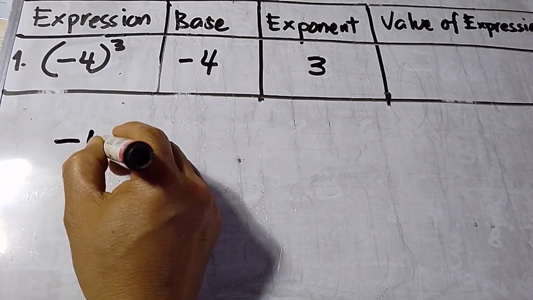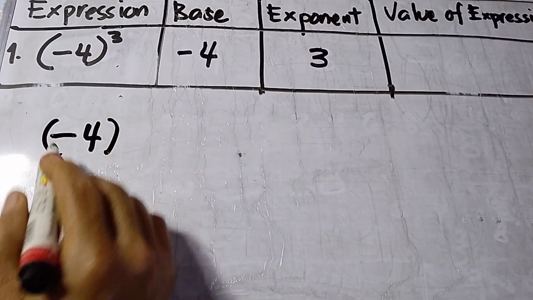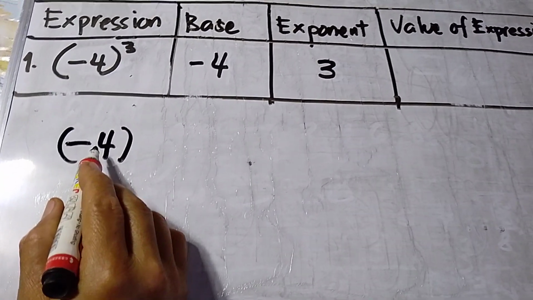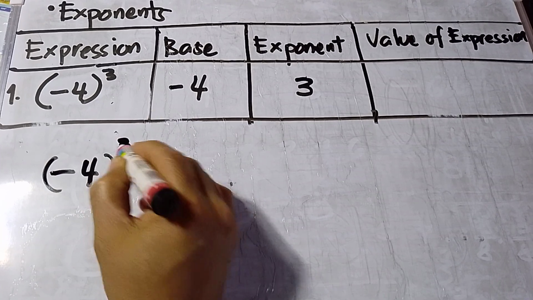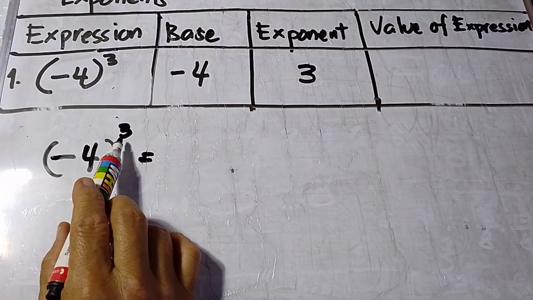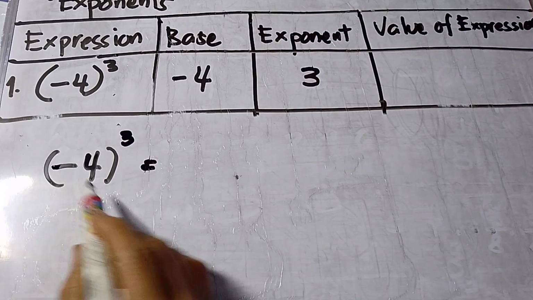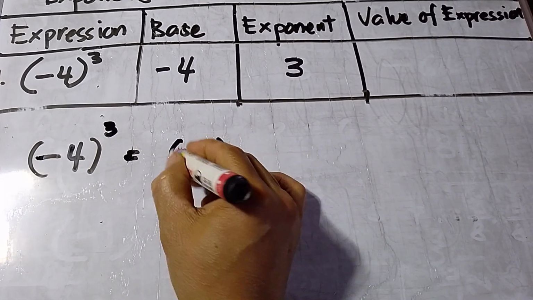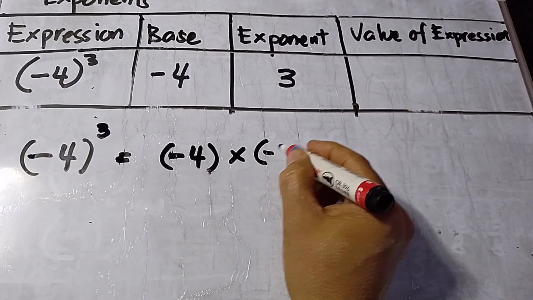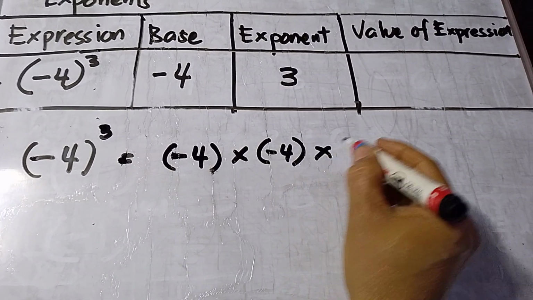So if you say -4, as what I said, a negative number raised to the power of even or odd, so take note, this is an odd number, right? So meaning this will be -4 three times: -4 times -4.